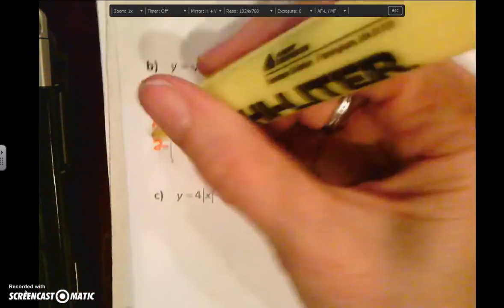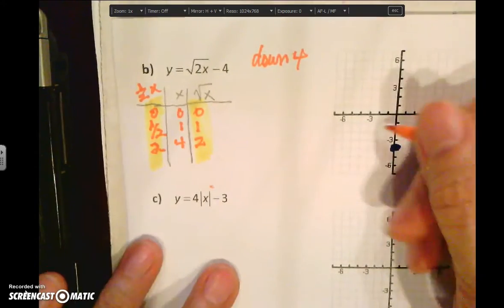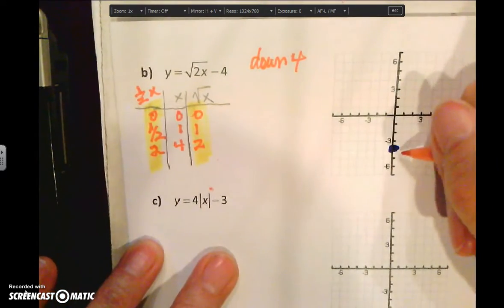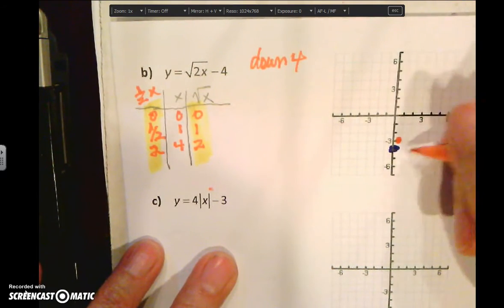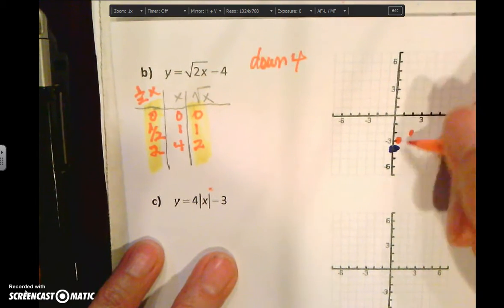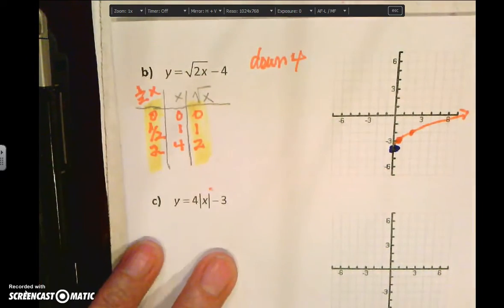So now we're going to graph these values here. And from our new point, I have 0, 0. I have over 1/2 up 1, which would be right here. And then over from our starting point 2 and up 1, 2. So it's going to look like this.